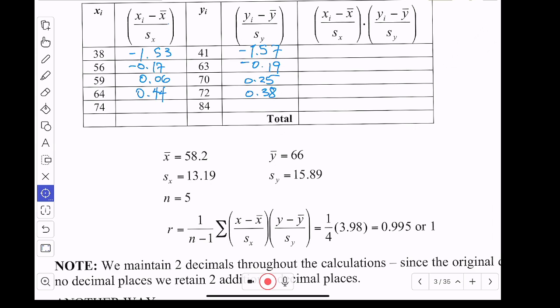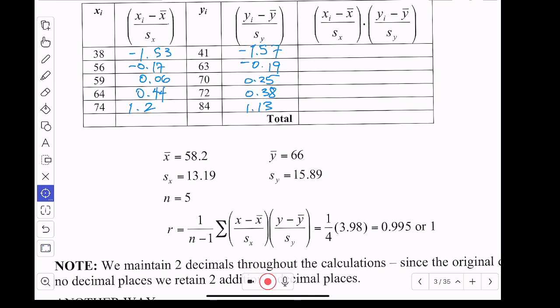And finally, okay? Again, they're doing the same sort of thing. They're both about the same distance from their mean.